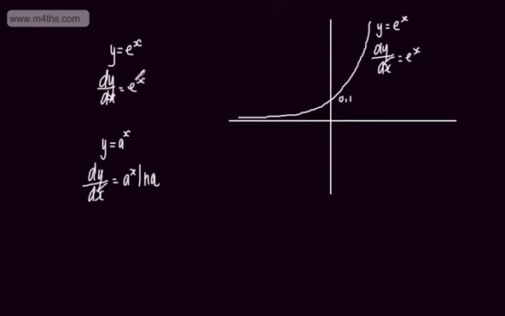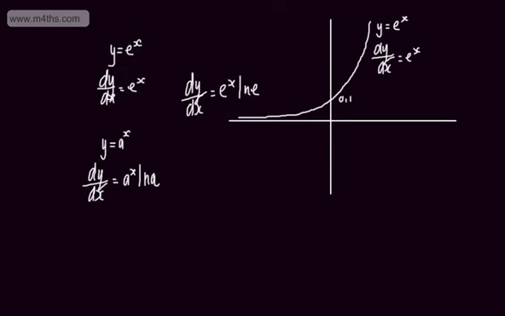Here dy by dx would be equal to e to the x multiplied by the natural log of e. Now e to the x and the natural log of x are inverse functions. The natural log of e gives us 1, hence dy by dx is simply e to the x. We're going to quote that standard result throughout the video.